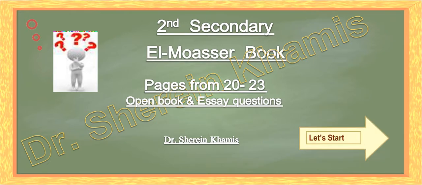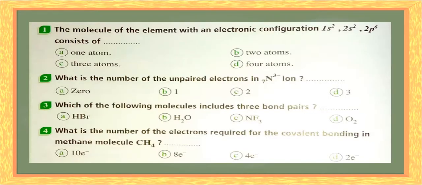Okay, let's start. First question: here we have the molecule of an element with the electronic configuration 1s2, 2s2, 2p6. This is the series of numbers: 1s2 is the first energy level, and here is the electronic configuration of it.